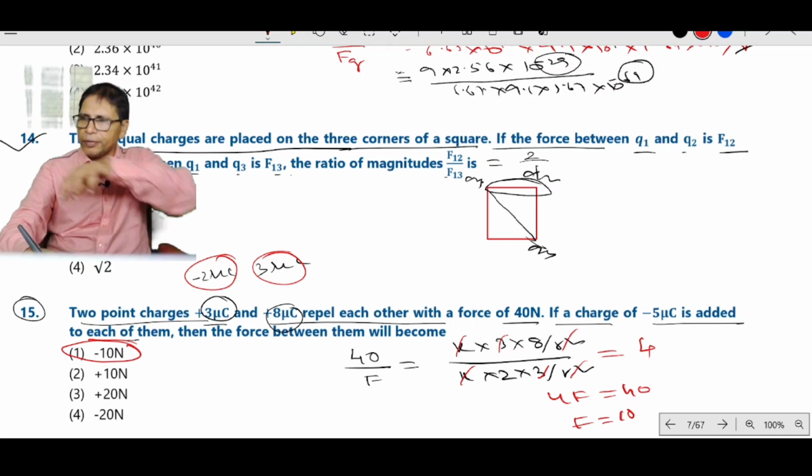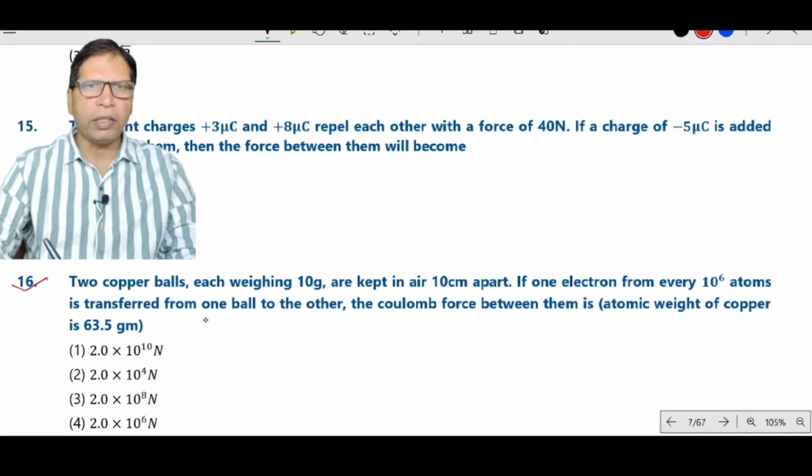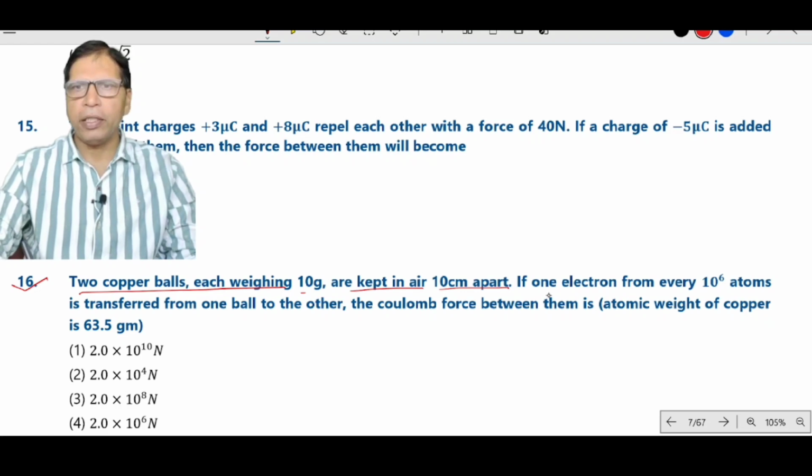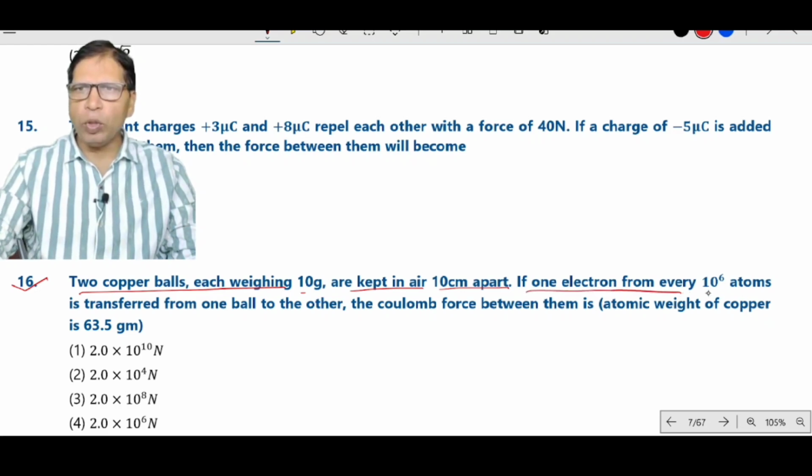Now look at question number 16. Two copper balls, each weighing 10 gram, are kept in air 10 centimeter apart. If one electron from every 10 to the power 6 atoms is transferred from one ball to the other, the Coulomb force between them will be.